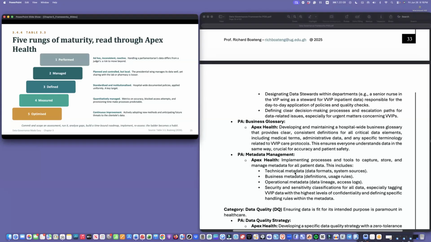Very different data formats for the presidential, the parliamentary and the politician. Why would you want such inconsistency? We want you to develop consistent ones so that it's easy for us to exchange and understand data. Business metadata definitions are how you define the data that relates to your business and how you use it, the usage rules, and who has access to it. Then operational metadata, and the security and sensitivity classification all defined within.